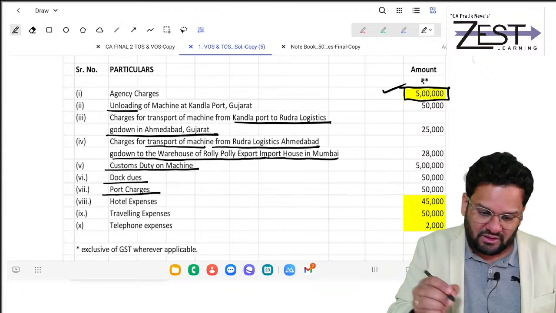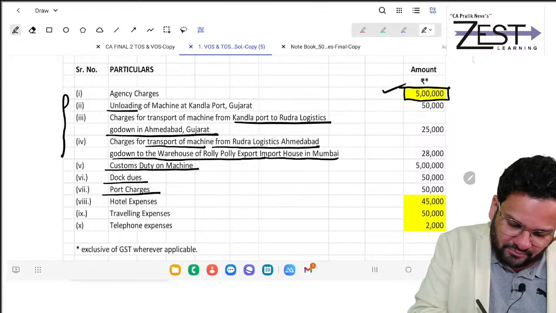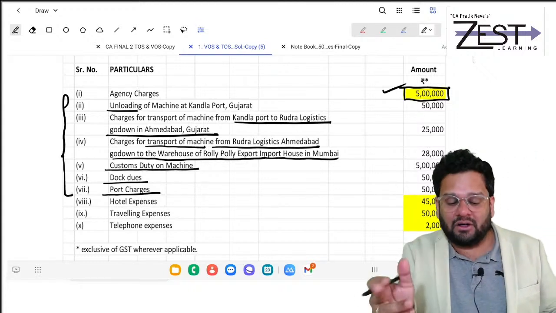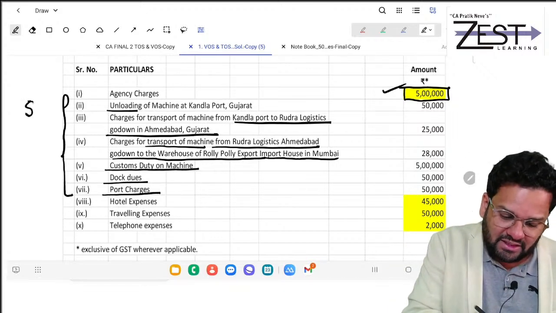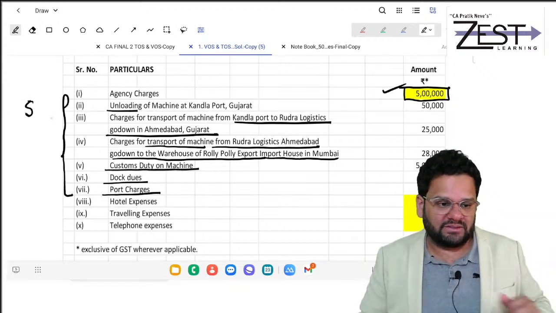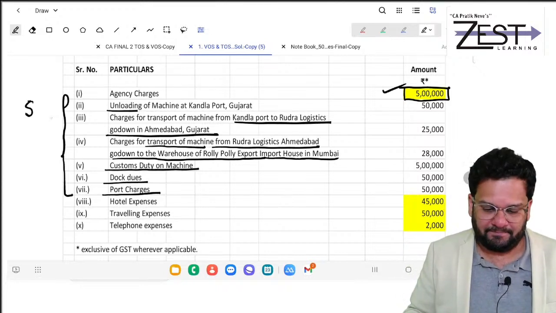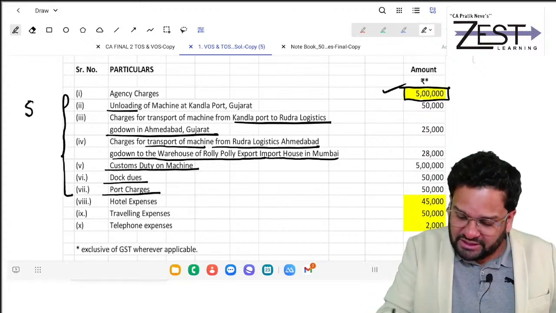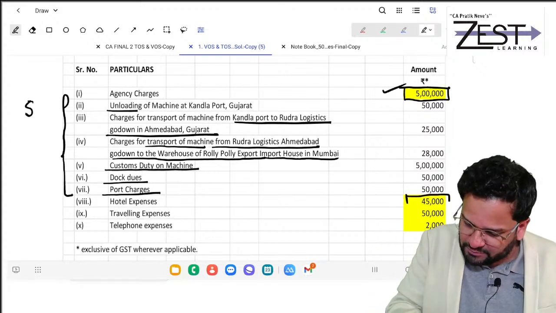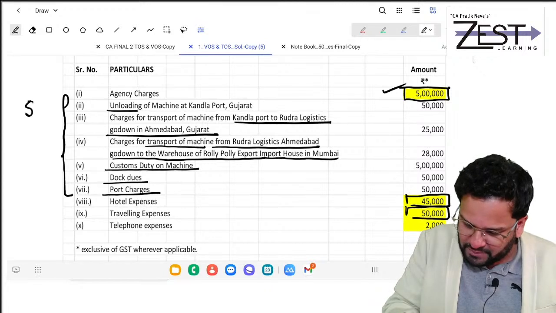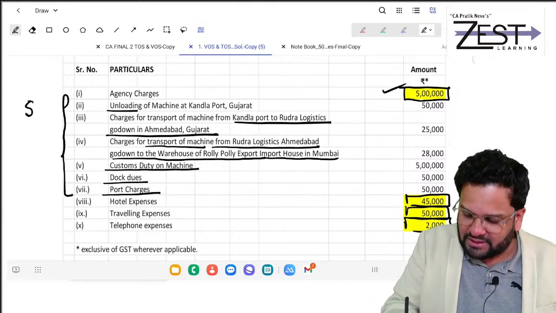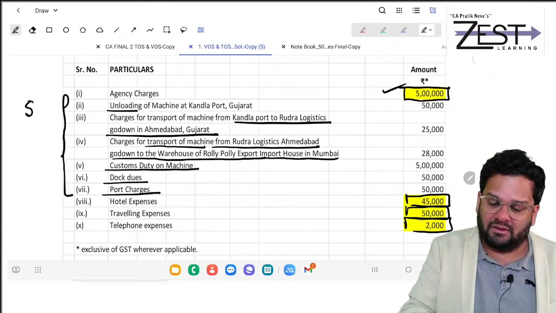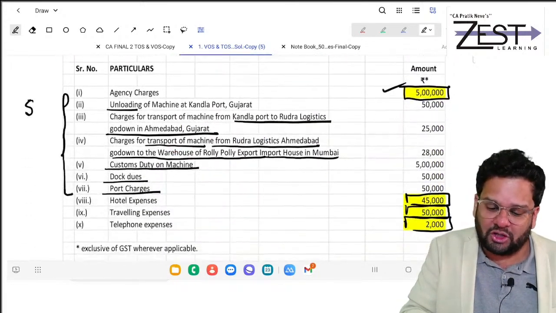So friends, these 2 to 7 are incurred by supplier on behalf of recipient of supply. Getting it? To give this agency service, hotel expense, traveling expense and telephone expense are incurred by Rudra Logistics.